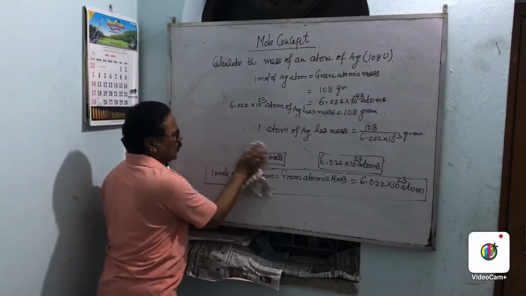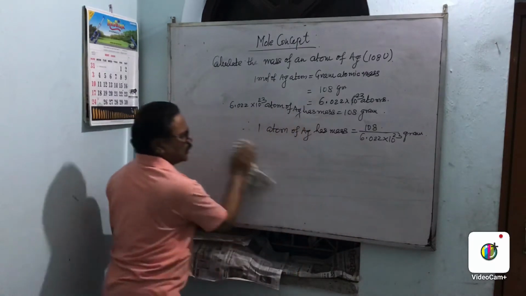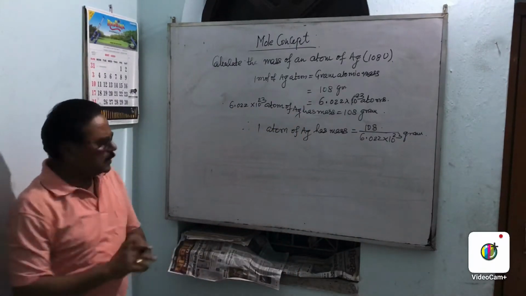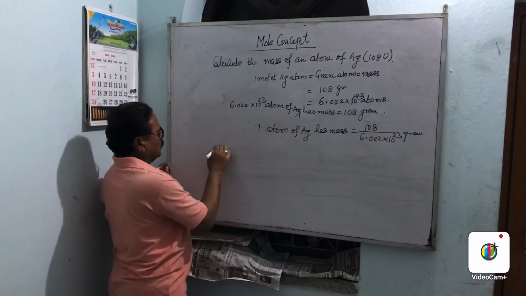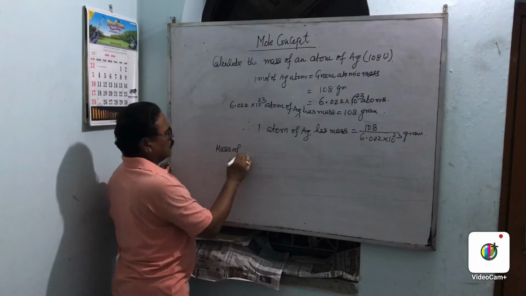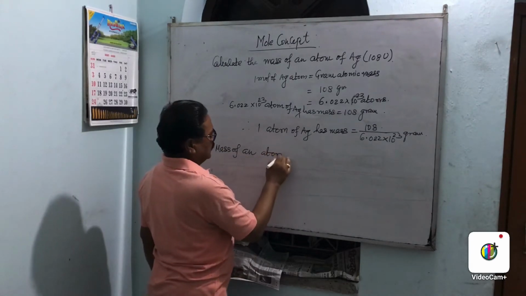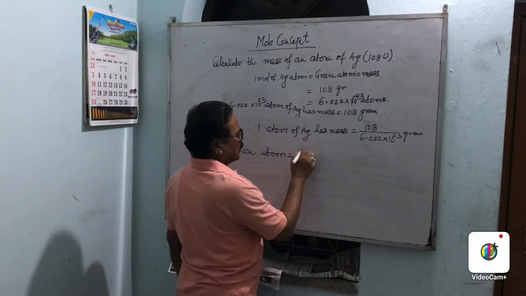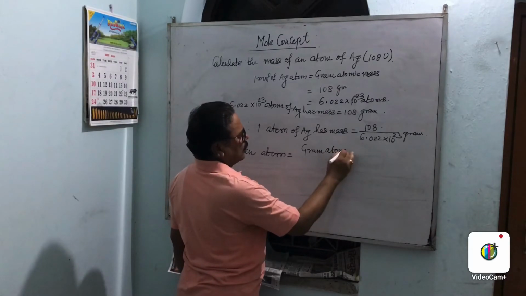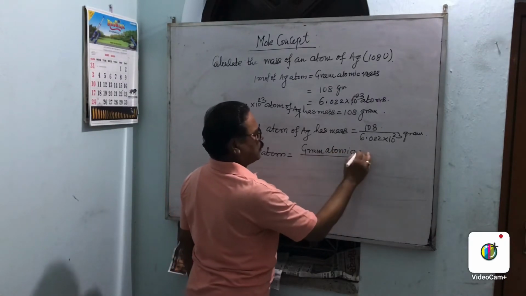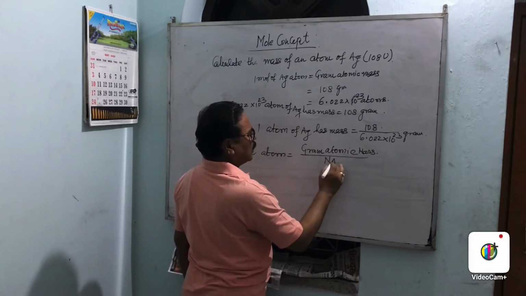So what is the formula for that? The mass of an atom of an element is equal to gram atomic mass divided by Avogadro number, Na.